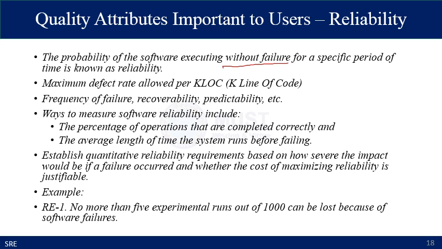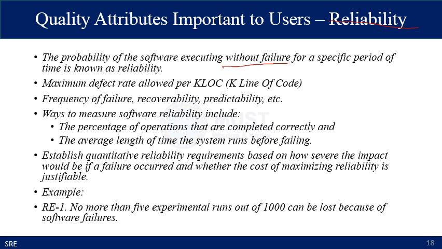In the same way as availability, mean time to failure for a specified period of time is known as reliability, and it is often referred to as errors per kilo lines of code. Frequency of failure, recoverability, or predictability also refer to the same quality attribute of reliability.